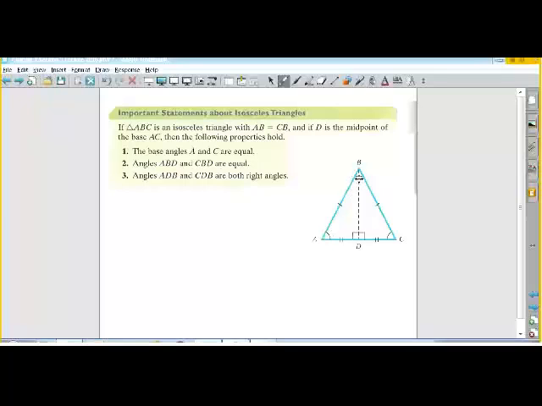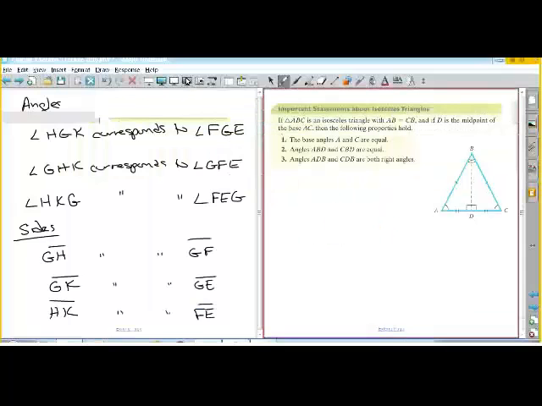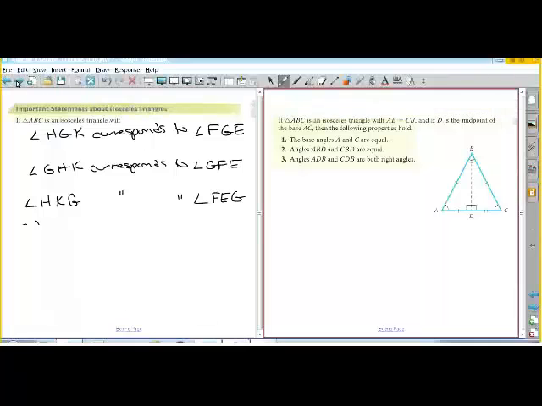The angles created by this bisector, so angle ABD and angle CBD, are the same. And these are both right angles. So because of that, you get two right triangles, which are easy to solve. So it's just kind of an interesting thing, but we're probably not going to use that in this class.